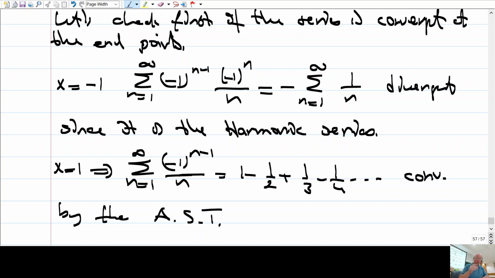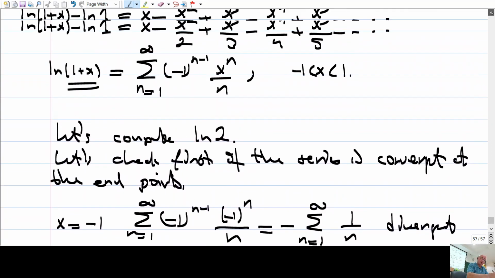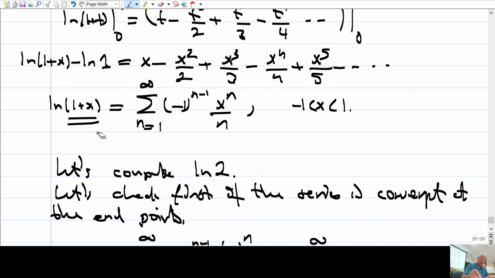Therefore, it is convergent. And Abel's theorem tells us that whenever you have an equality like this, and if it is convergent at the endpoint like this, then this function is continuous.